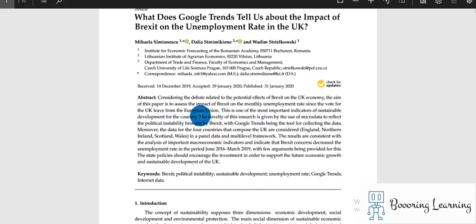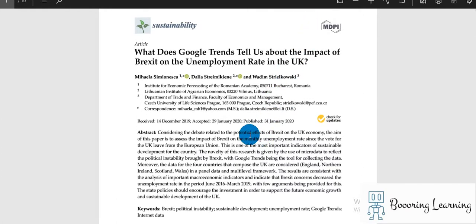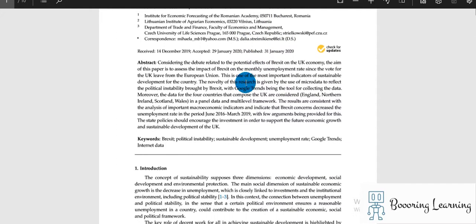The novelty of this research is given by the use of microdata to reflect the political instability brought by Brexit, so it was the first time published on this topic, and it's a very new article.